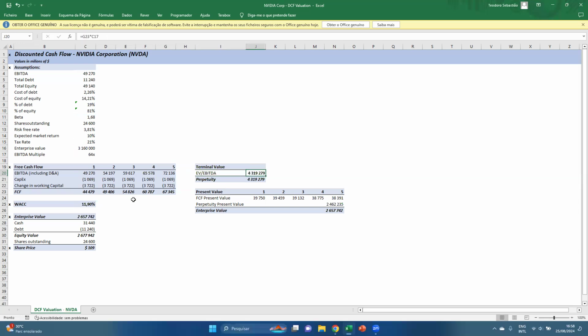Basically, I pick up first the free cash flow in the last year, which here is the fifth year, and then we multiply it by the EBITDA multiple, which is basically how many dollars investors are willing to pay for each dollar of EBITDA. Here it says that investors are willing to pay 64 dollars.